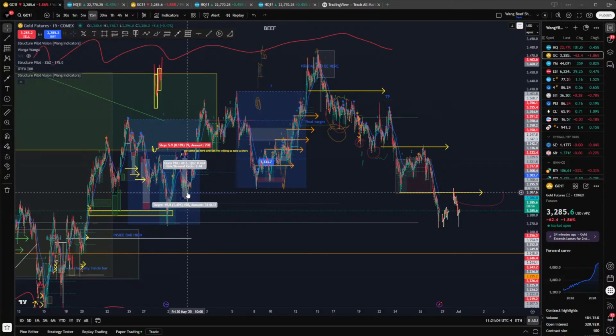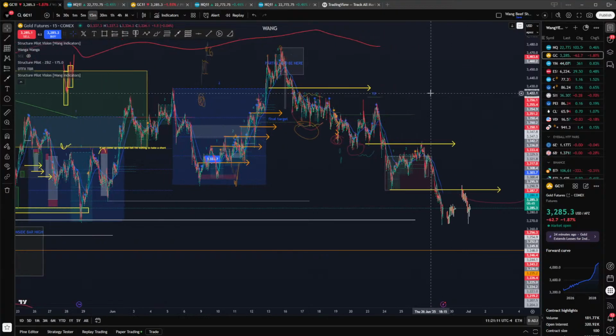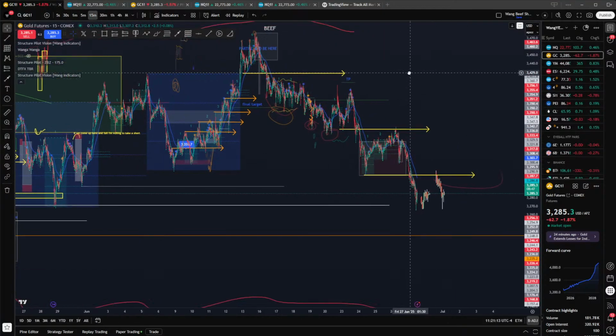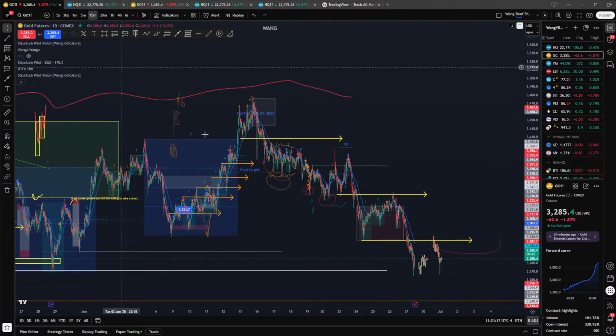Good market structure, you got a good market structure on NQ. I'd say the market structure on NQ can be tricky sometimes, but yeah, it's pretty neat.